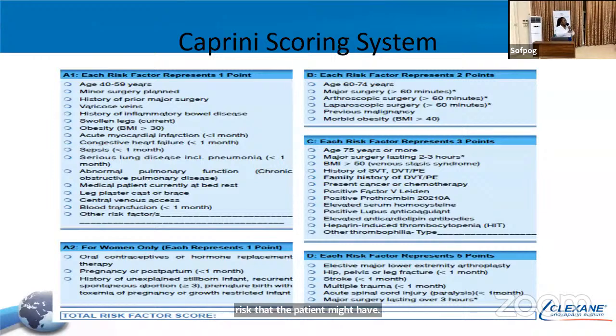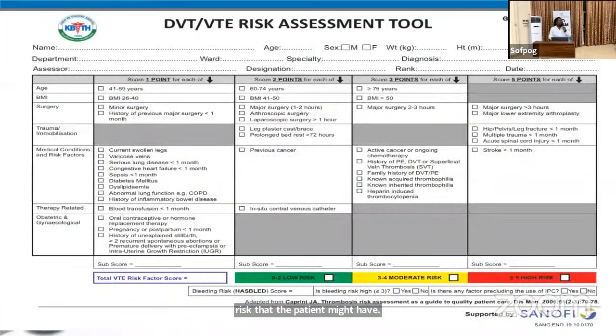So this is how the risk scoring sheet is. And this is the adapted version that we have in collaboration with some physicians in Ghana. So for this one, we share it across at our various hospitals so that we can all take steps to ensure that every patient is risk assessed.